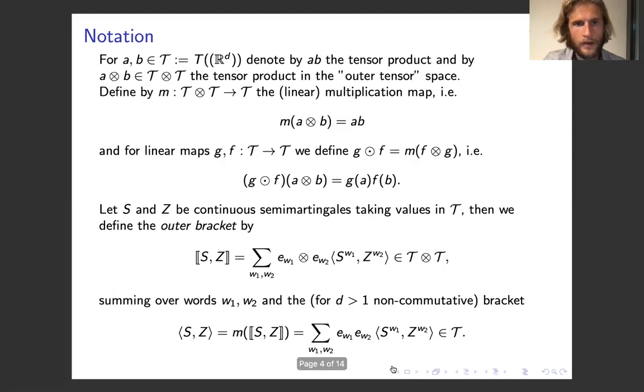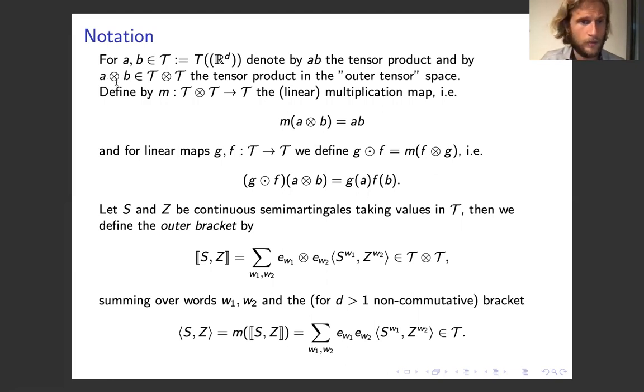Okay, before giving the main result of this project, I have to introduce a few notations. For two tensor series, and the space of tensor series is now denoted by this mathcal T, we denote the tensor product just without a symbol for that.